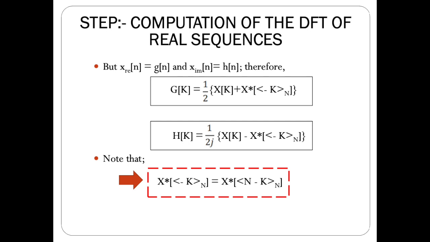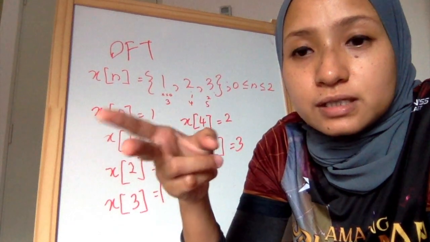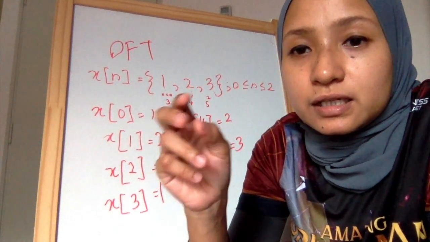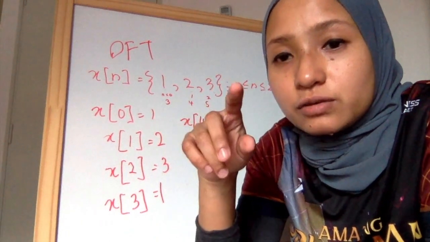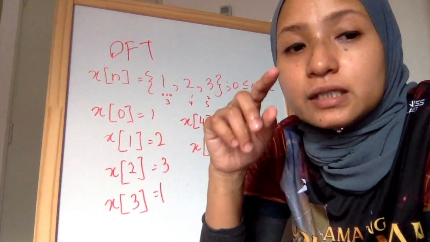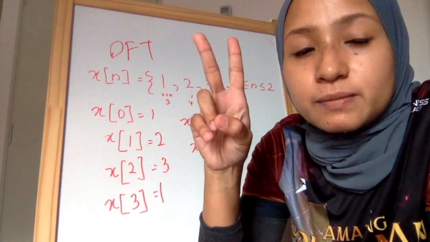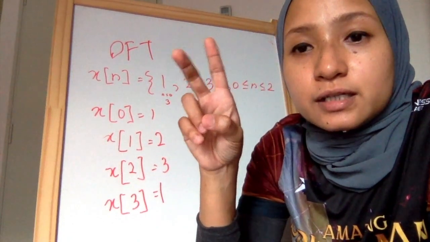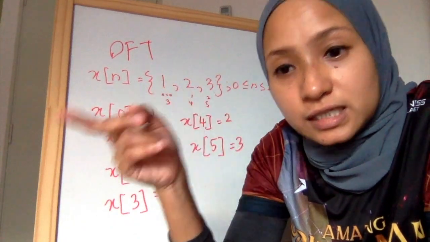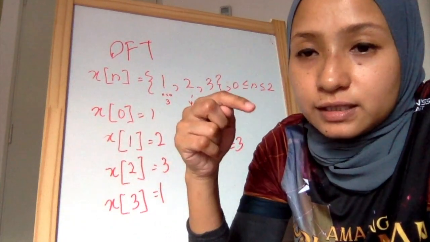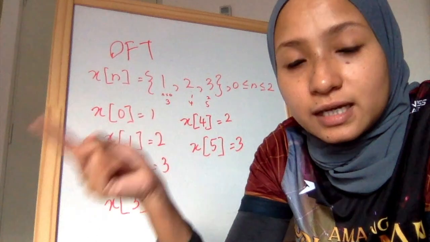Just now in the question, your first sequence is Gn and your second sequence is Hn, so go back to the question: determine the DFTs of two real sequences. Basically you have to find the DFT of Gn, which is Gk, and the DFT of Hn, which is Hk.